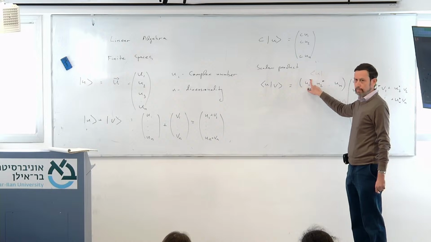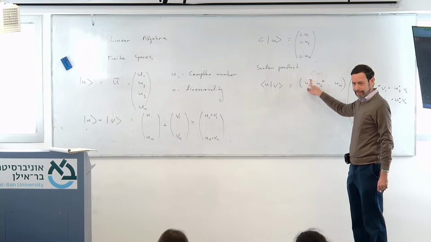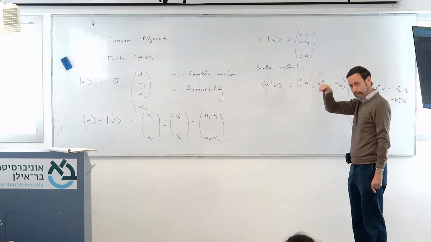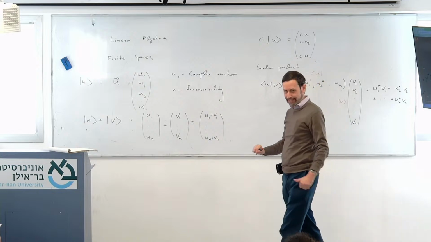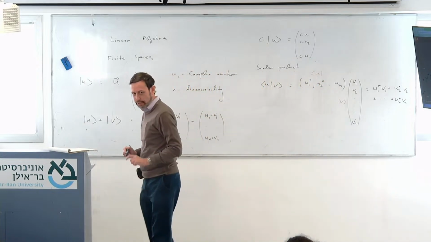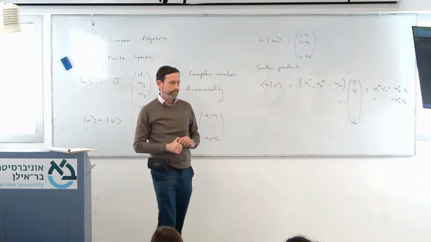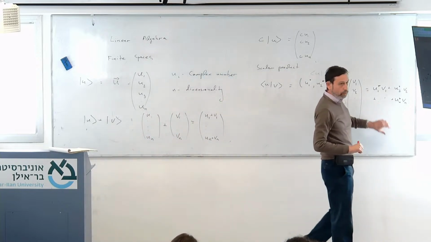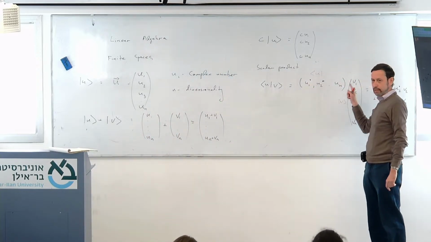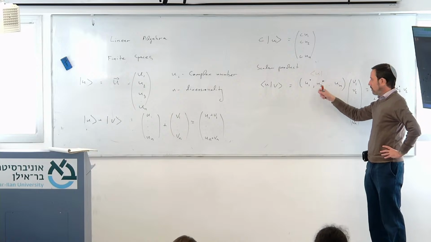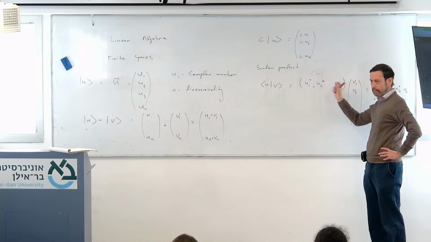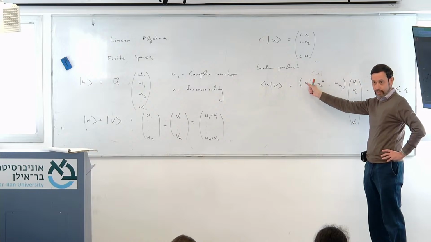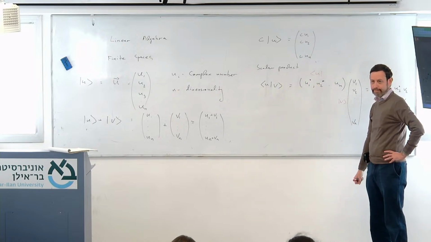It's extremely important, the same way that when we did integrals, always one of the wave functions was complex conjugate. Okay, so you just multiply each component of the vector with the equivalent component in the second vector, and remember to use the complex conjugate on the left.